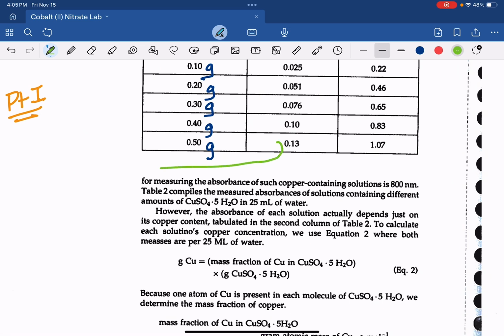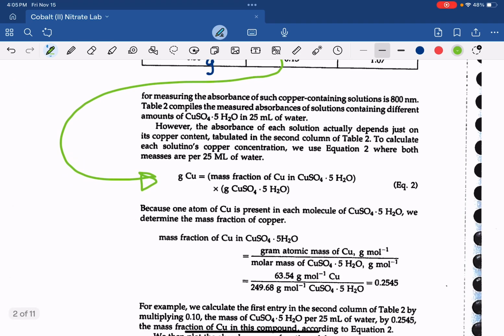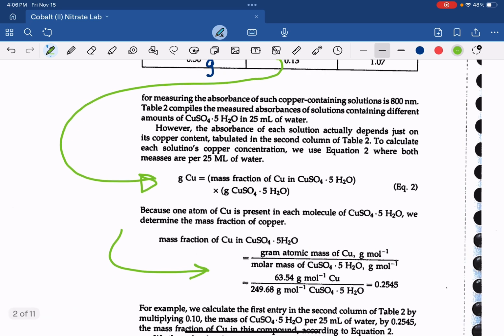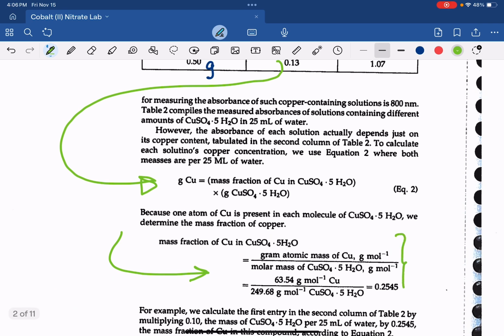Well, the information provided with equation 2, as well as this mass fraction information, is how you do that, okay? So what you're going to find is we have to follow this little pattern right here in order to get this little number that's going to be your multiplier number.